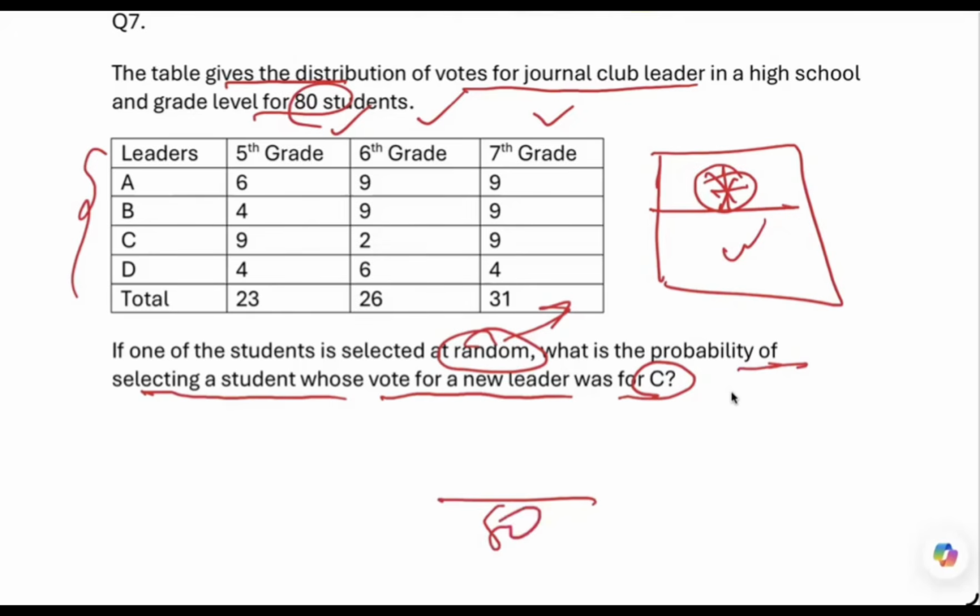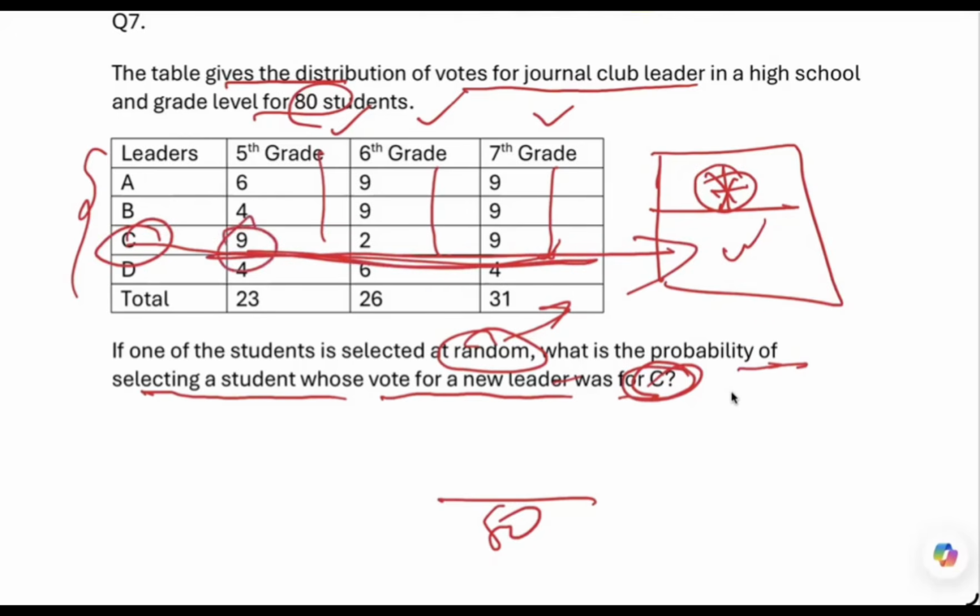What is the probability of selecting a student who votes for a leader, but what leader did he vote for? C. Then you look at it. These are 5th grade, 6th grade, 7th grade. The leader C is this row. These are the votes: 9 from 5th grade, 2 from 6th grade, and 9 from 7th grade.